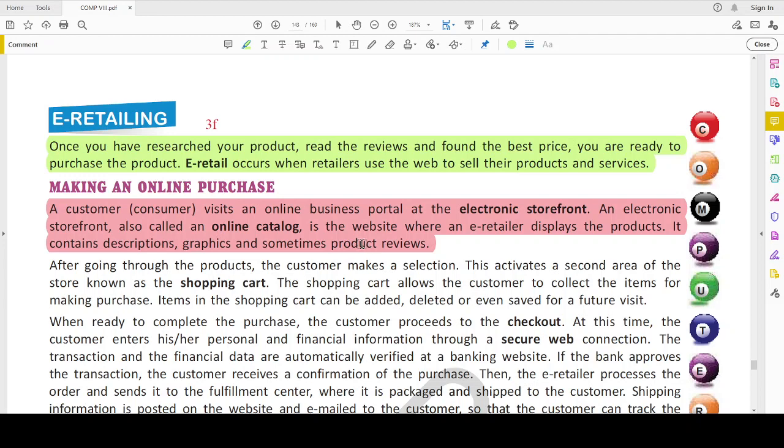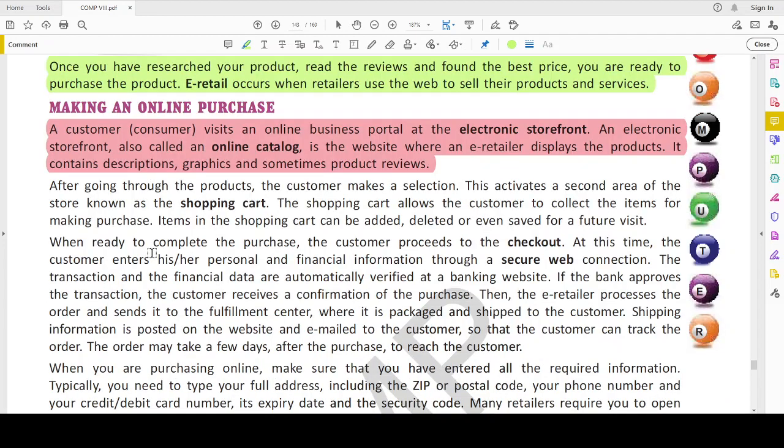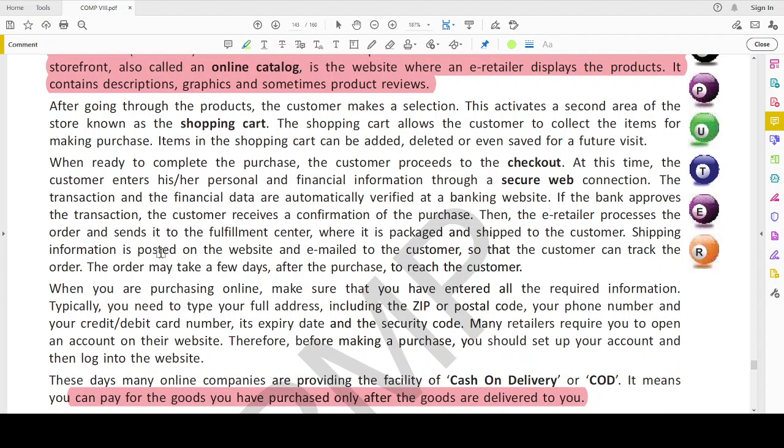So seeing the reviews, the graphics of the item and the descriptions, you choose a product. After going through the product, the customer makes a selection. You are making the selection, and this activates the second area of the store known as the shopping cart. When you choose an item, the shopping cart is activated.